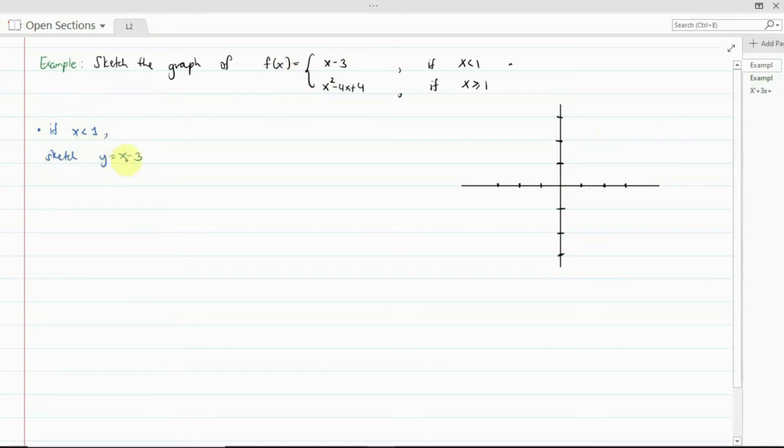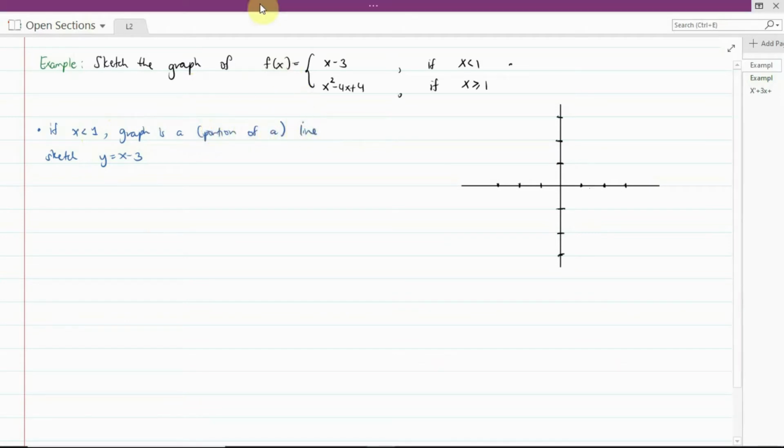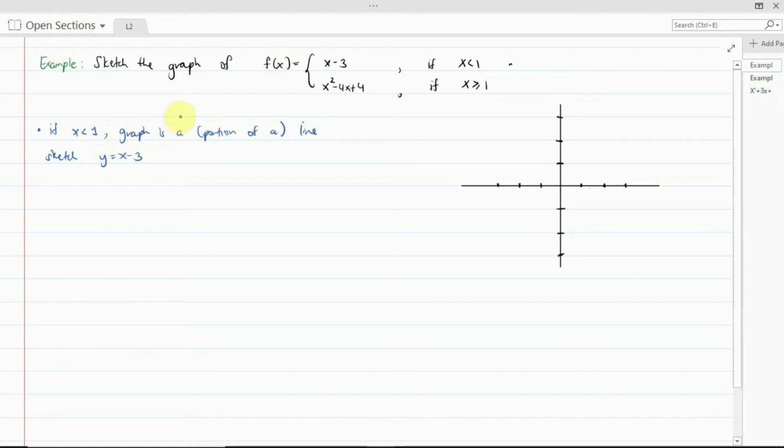So, this is a linear equation. Kaya yung graph nito ay line. So, if x is less than 1, ang graph ni f ngayon ay a line or a portion of a line. So, in sketching a line, what do we need? We need 2 points. So, hanap lang tayo ng 2 puntos sa line na ito.